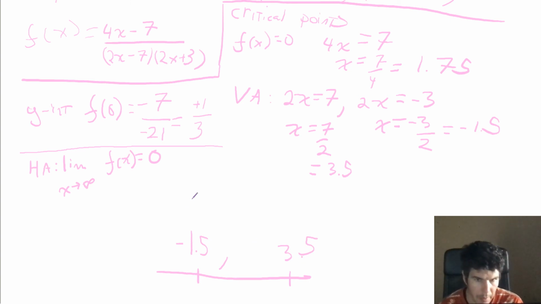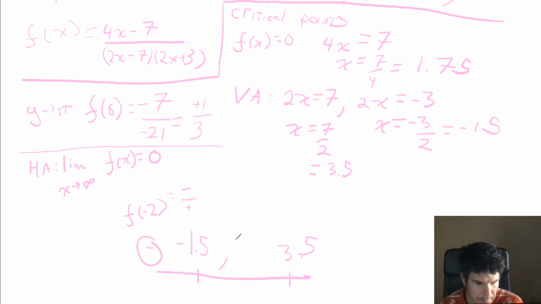So, on the left of negative 1.5, for example, when f of negative 2, we get negative on the top, and then negative times a negative on the bottom, so positive. We get that it is negative over here.